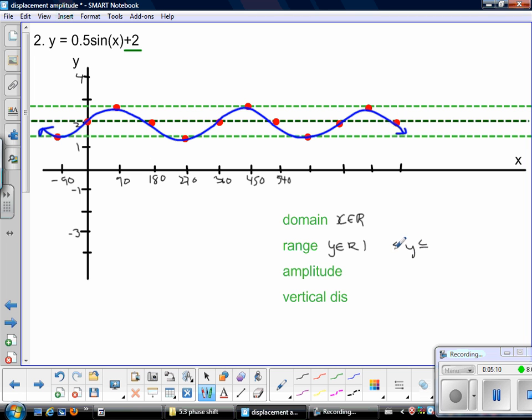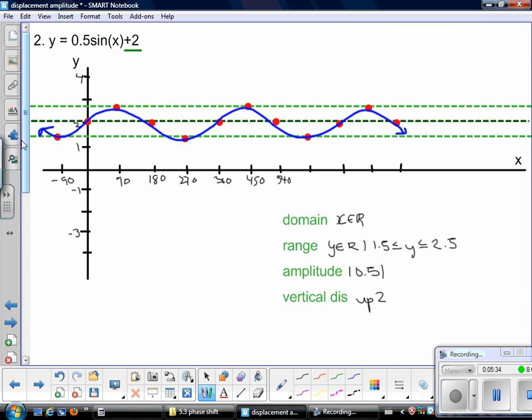The two numbers it fits between, the lowest number is, remember, 1.5 and 2.5. Our amplitude was 0.5, absolute value. And our vertical displacement, this time we went up 2.